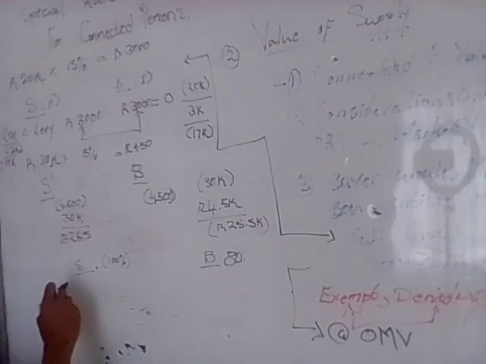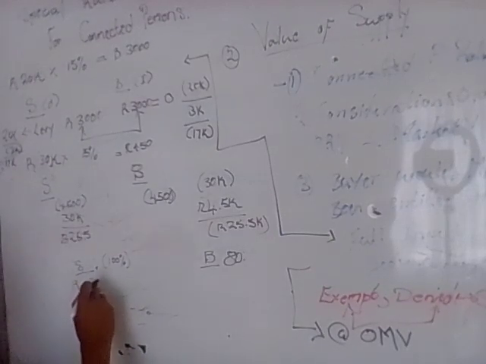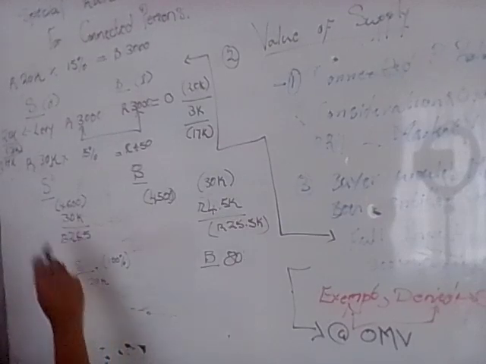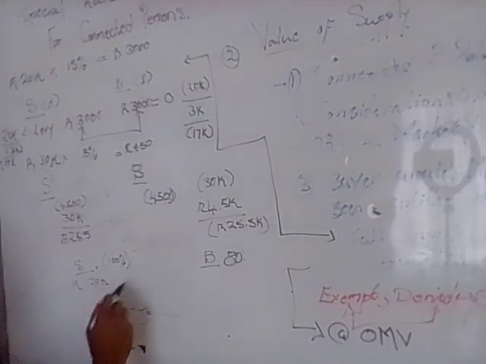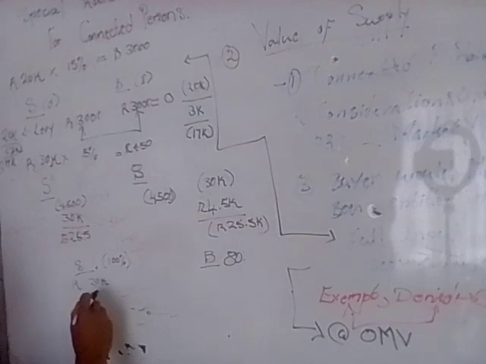Let's take the first transaction of 20,000 rands. The seller would have charged output VAT of 3,000 rands.